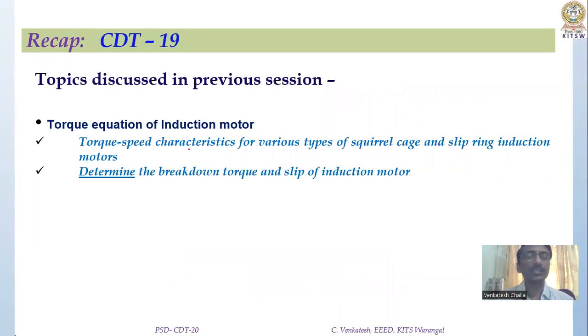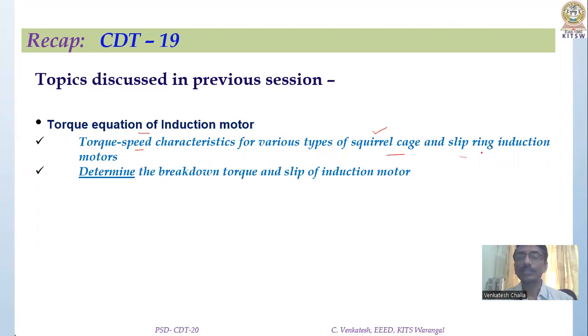In the previous class, we discussed the torque equation of the induction motor, and we saw the speed-torque characteristics for various types of squirrel cage and slip ring induction motors. How the starting torque can be improved in a squirrel cage motor with a double cage or deep cage rotor.